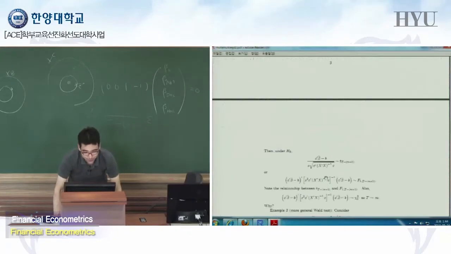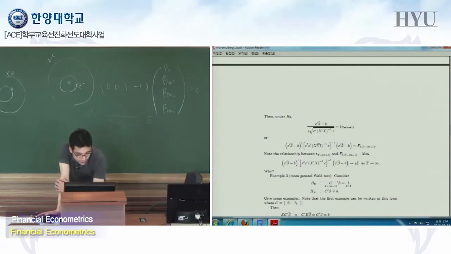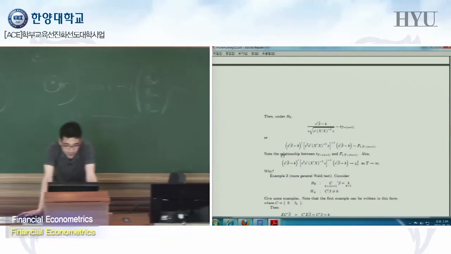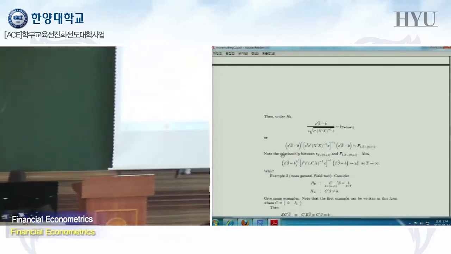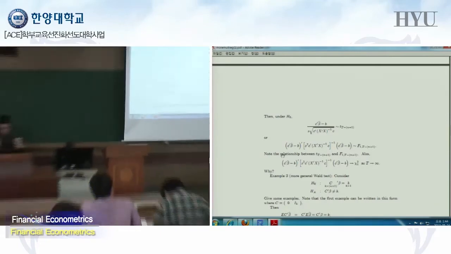So anyway, this follows a t distribution, so you can use it. Alternatively, since the square of the t distribution is an f distribution, you can instead use this f statistic: (c prime beta hat minus b) prime, times (s square c prime (X prime X) inverse c) inverse, times (c prime beta hat minus b). This should follow an f distribution.